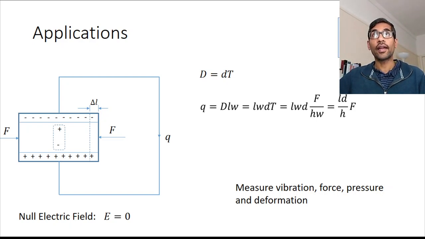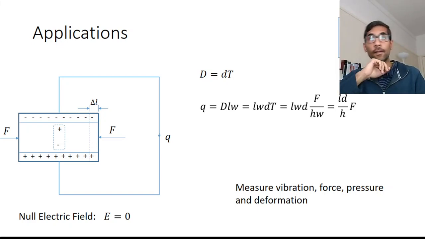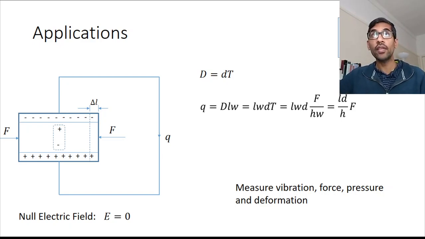Okay. And now if this E is 0 and we apply a force on this crystal, that is, we apply a stress on this crystal, there's going to be some strain. That is as usual in any material. But look at what is interesting. If you apply a stress on a material, what is going to happen?